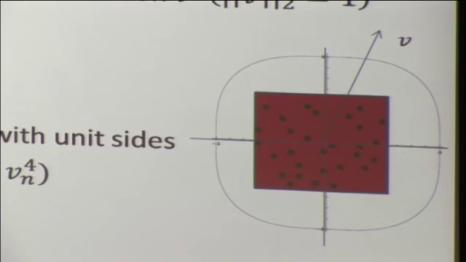So by the fourth moment, I mean this. You take every point, look at its projection on v, raise it to the fourth power, and take the expectation. So this is over all points x in the cube. And this turns out to be a very simple expression.